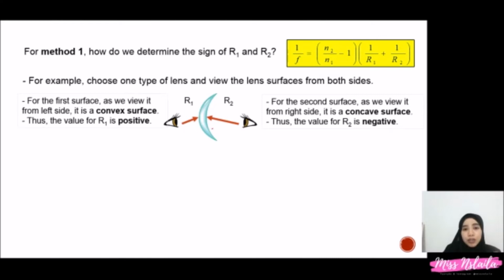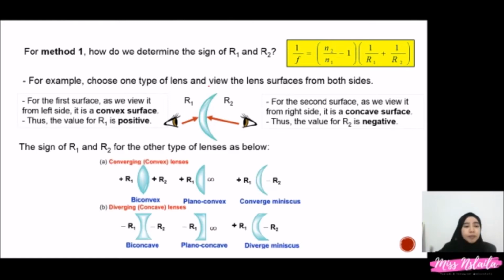Look from both sides. So let's look at different types of lens and how we determine the sign of R. The first one is biconvex. If you look from here, the surface is convex, so positive. And R2, when you look from here, the surface is convex also. So both are positive.